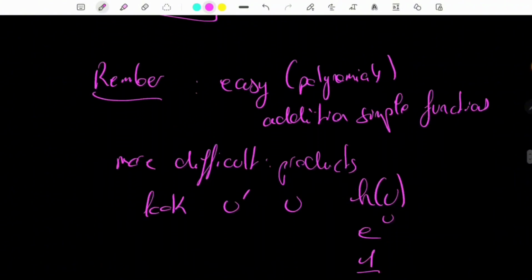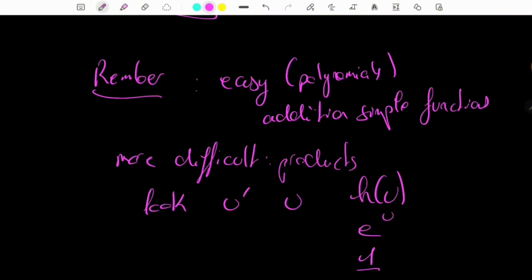So what you have to remember: you can find some easy functions to integrate, the ones you know, logarithm, exponential, polynomials, and additions of simple functions.